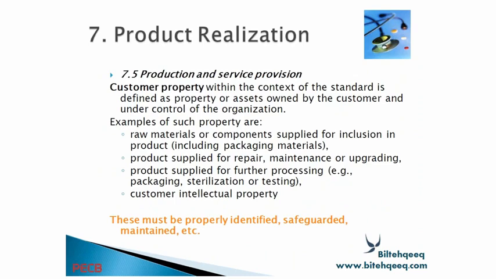Examples of such property are raw materials or components supplied for incorporation in the product, including packing material, products supplied for repair, maintenance, or upgrading, products supplied for further processing, packing, sterilization, or testing, and customer intellectual property. These must be properly identified, safeguarded, and maintained. So you have to properly identify customer-supplied products, protect them, and maintain a record of such customer property.